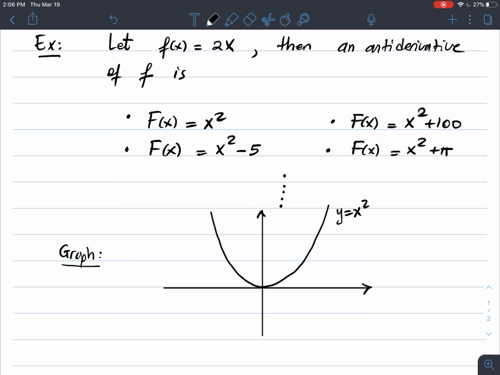What about the other one? If you add a constant to a function, then you shift the graph of the function up or down depending on whether the constant is positive or negative. So for example, if you add 100 to the function, then you shift it up by 100.